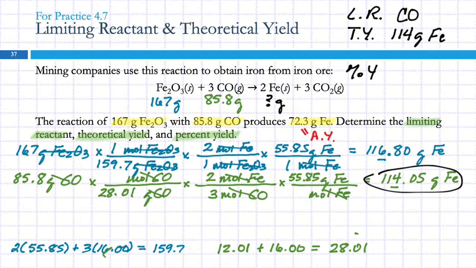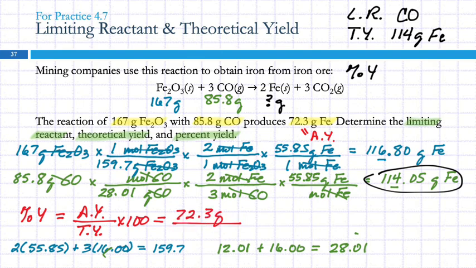And then I'm going to calculate my percent yield. The percent yield equals actual yield over theoretical yield times 100. They gave me the actual yield. I calculated the theoretical yield.